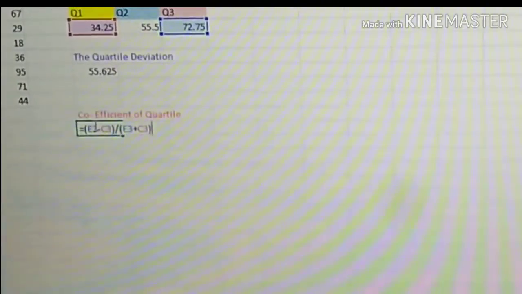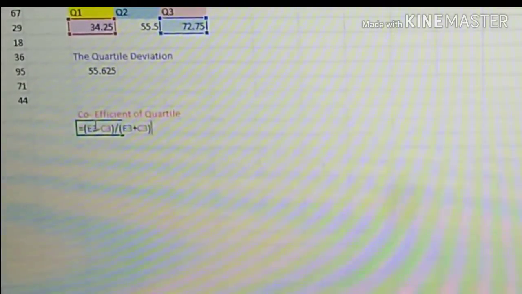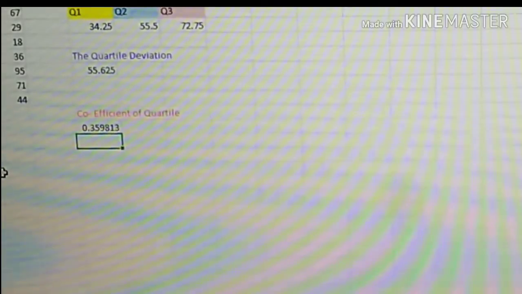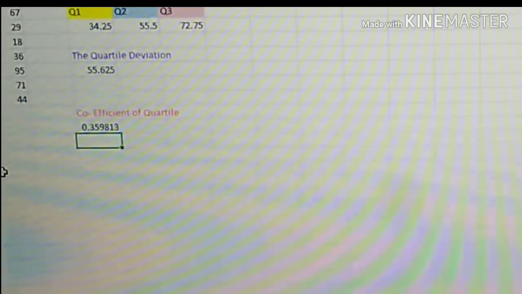That would be the formula. Then if you enter, 0.359813, that would be your coefficient of quartile deviation.